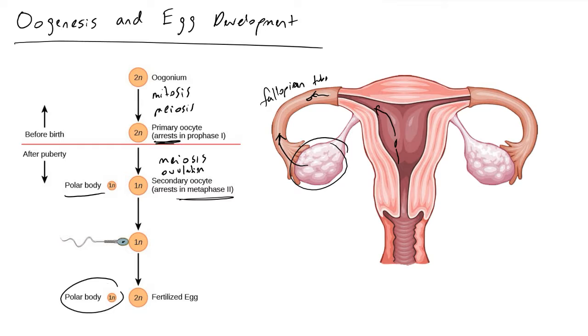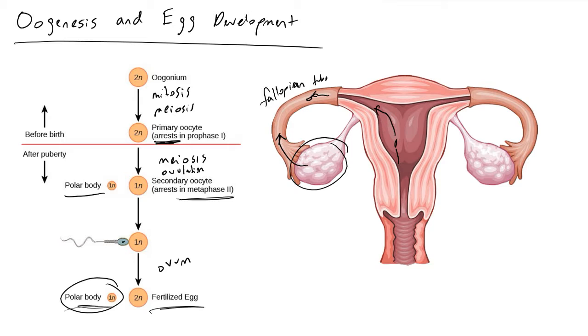The result of which will be the discharge of a second polar body, which will exit and simply die. And there is a temporary state in between after this polar body is discharged, and that is referred to as an ovum.